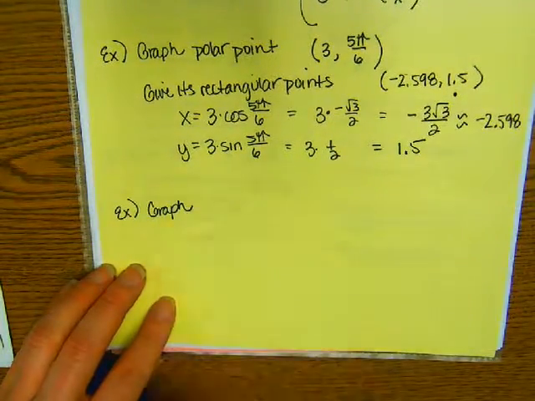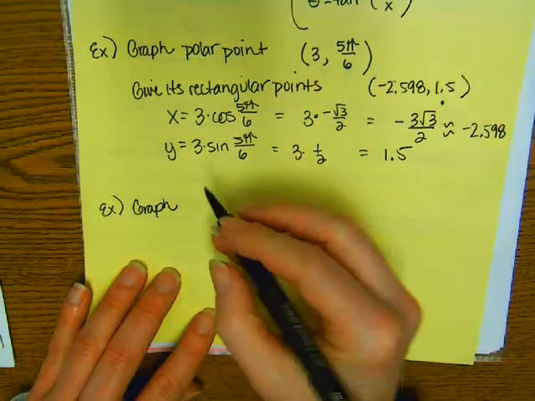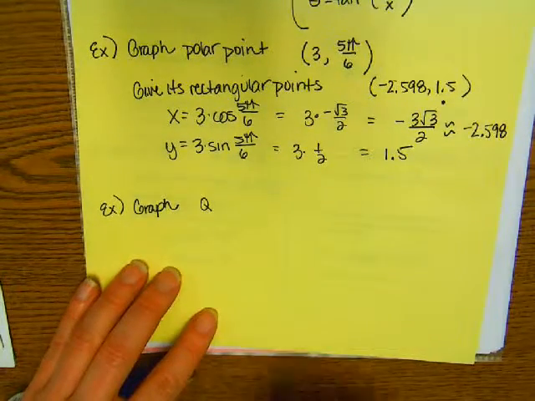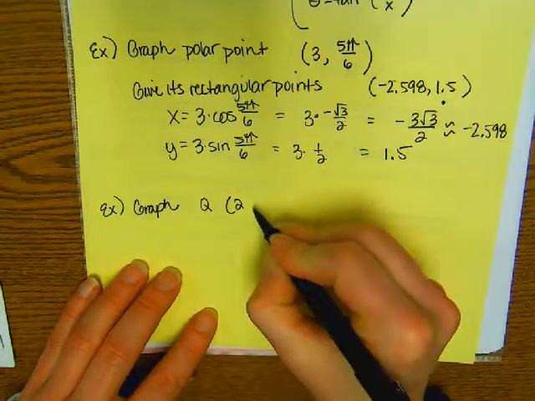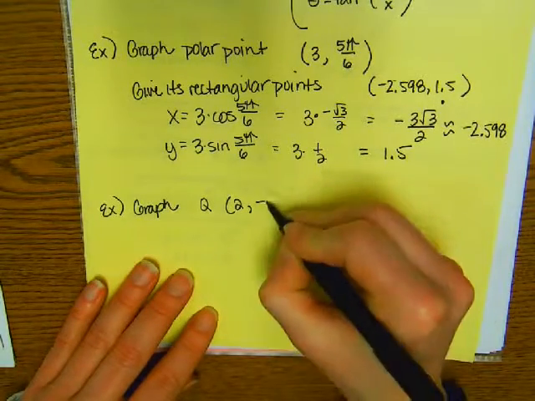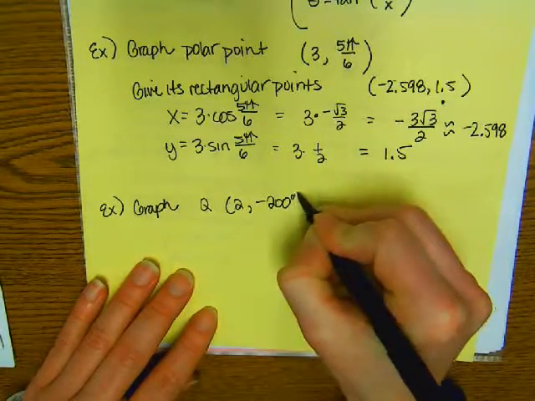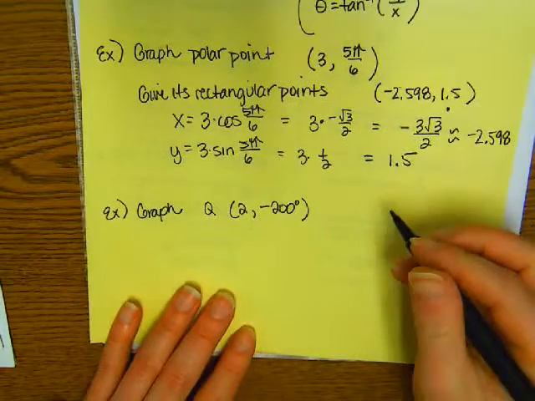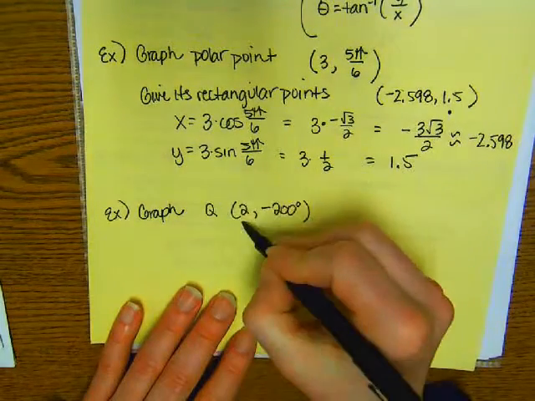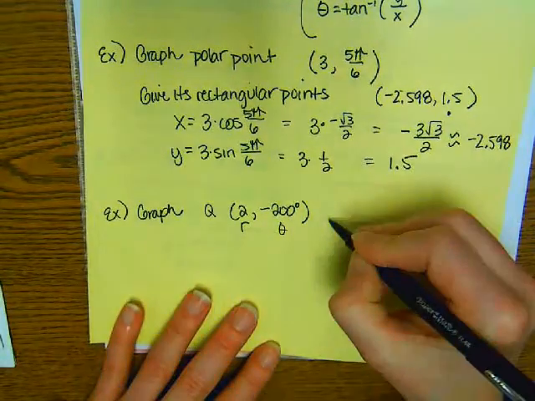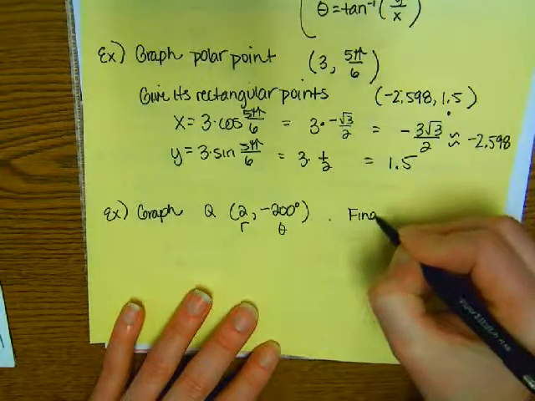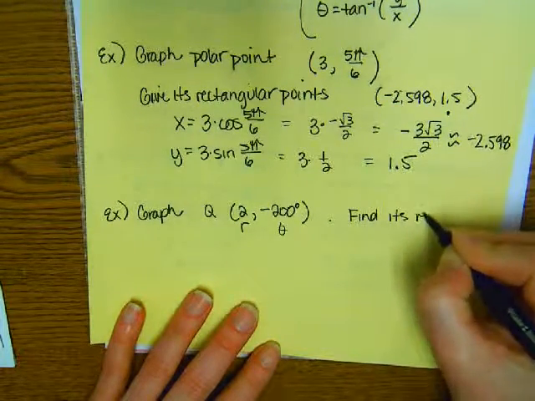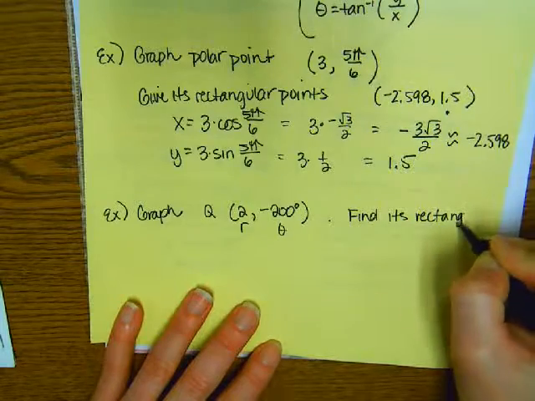Okay, so let's do another one in degrees. Let's graph Q with the points 2, negative 200 degrees. So this is in polar mode, R and theta. And then we're going to find its rectangular coordinates or points.